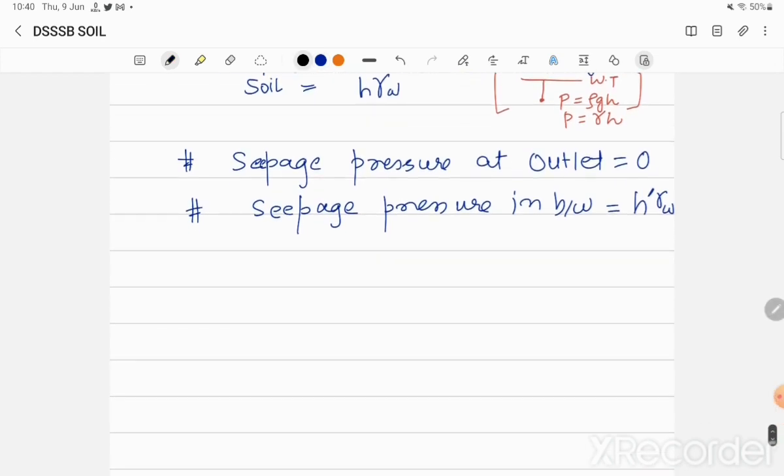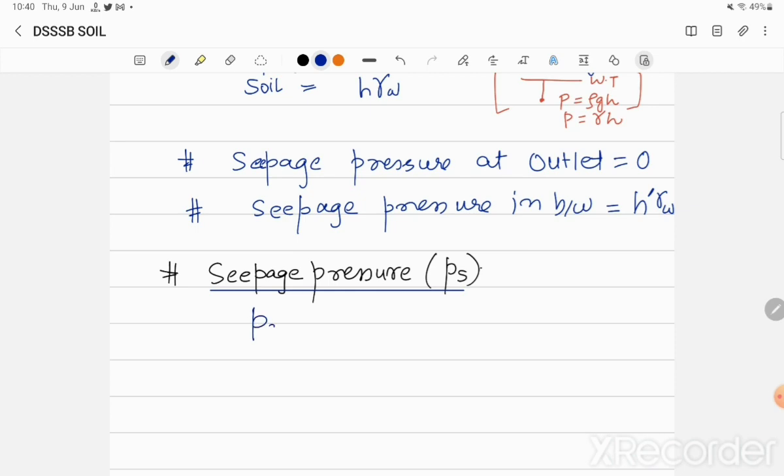The next term, after seepage force, is seepage pressure, written as Ps. Ps is written as h rho w.